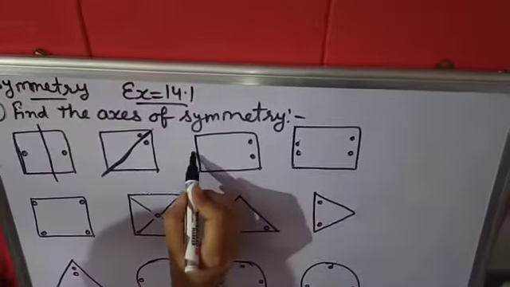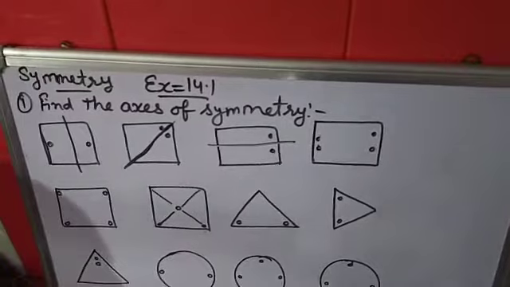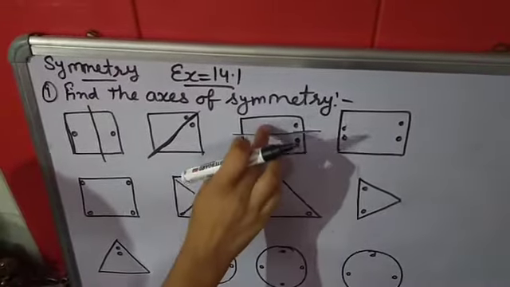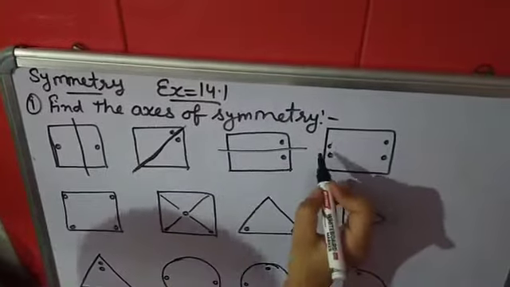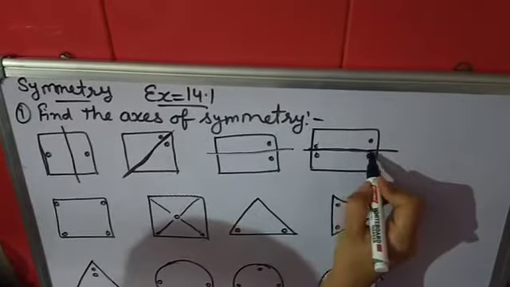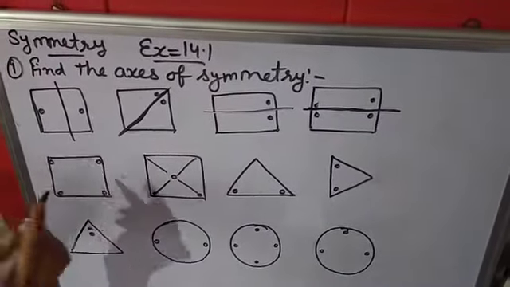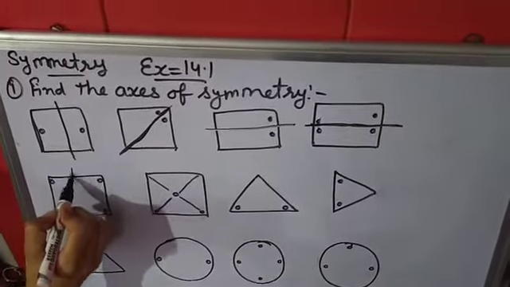Now here this horizontal symmetry line will come. This line divides the figure into two equal parts, and here also horizontal. Okay? Now in this, how many symmetry lines will come?